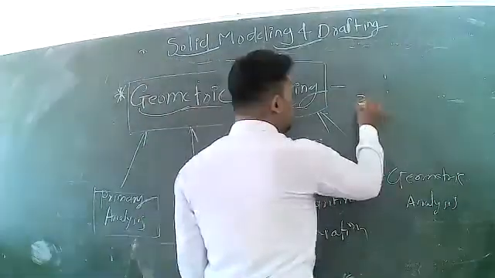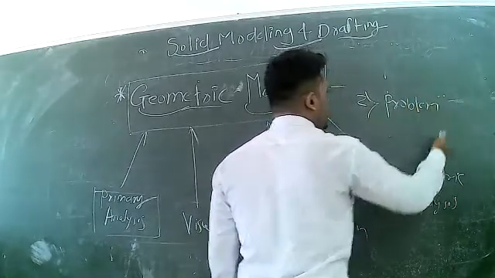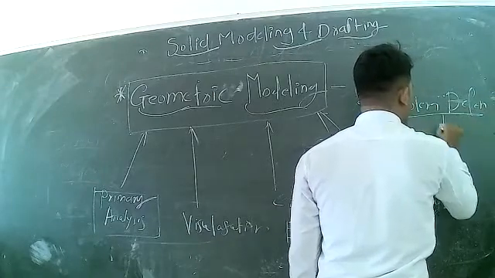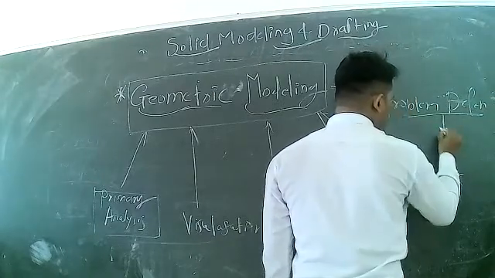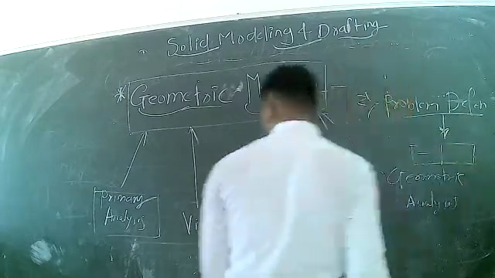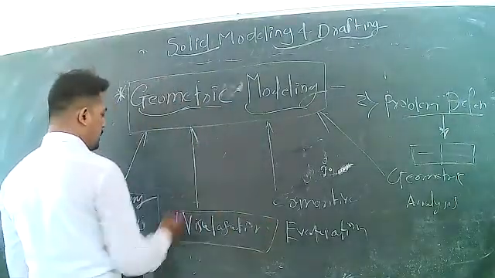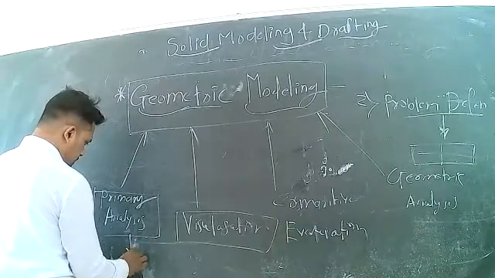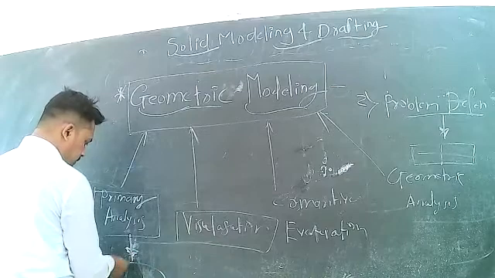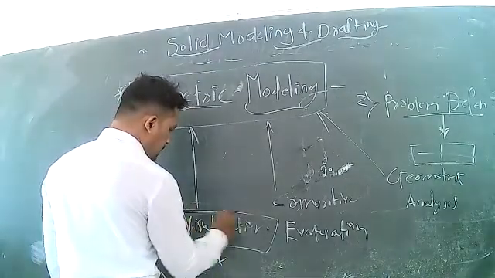As you know, the second step is problem definition. After defining the problem, we have to find out the general solution. After the general solution, we are going to see the geometry of the part. After the primary analysis, we are going to see the geometrical representation. After that, next point is visualization.